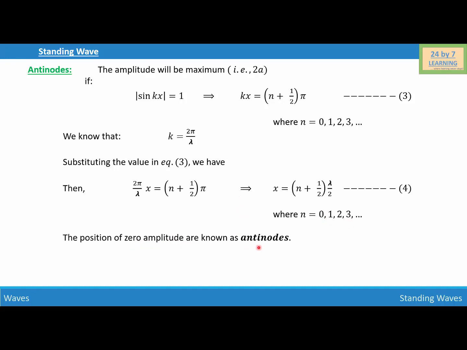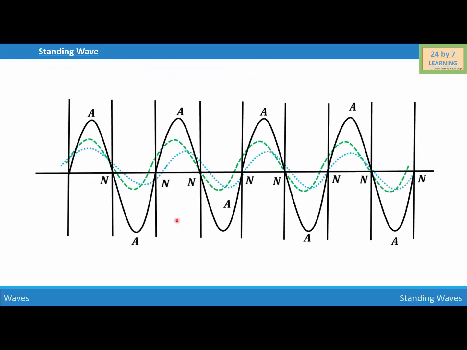Now if I want to represent the nodes and the antinodes graphically, we will get a graphical representation like this, where these points are the nodes because the wave particles are not moving, and all the points with amplitude A, which is the maximum displacement, which are these points on the wave, are known as antinodes.